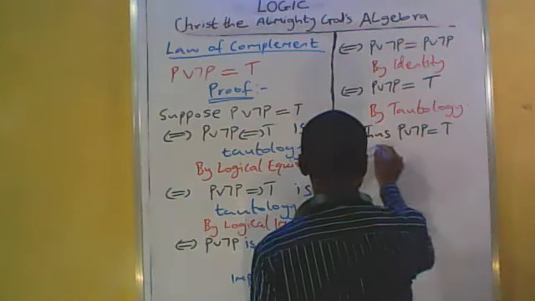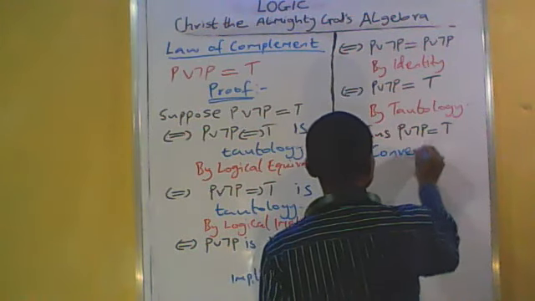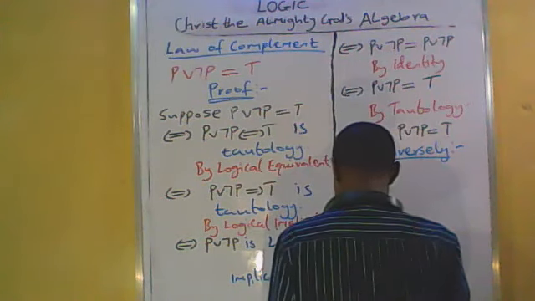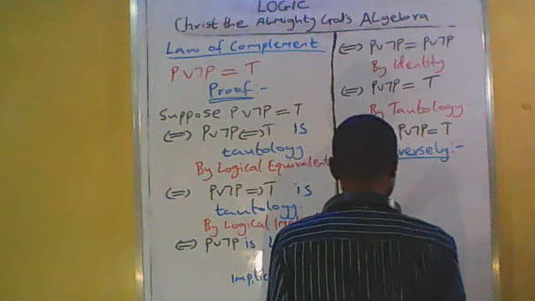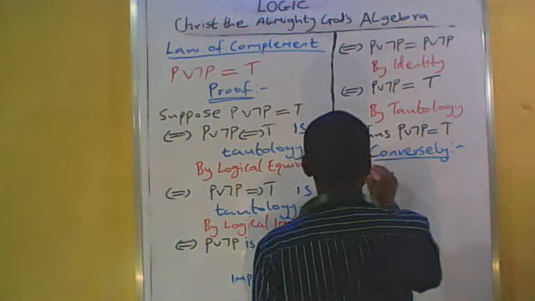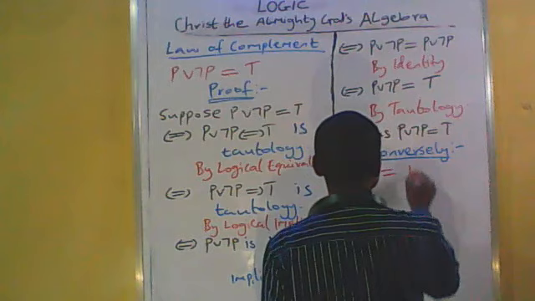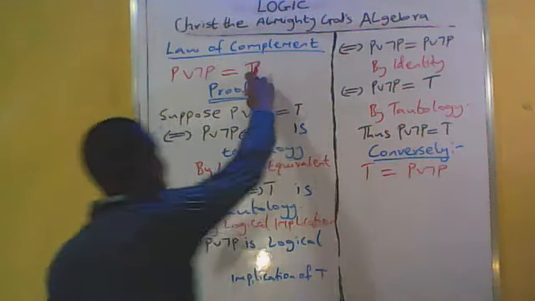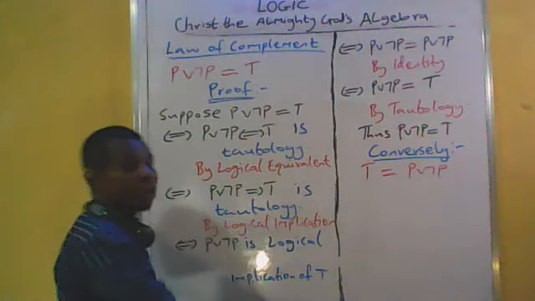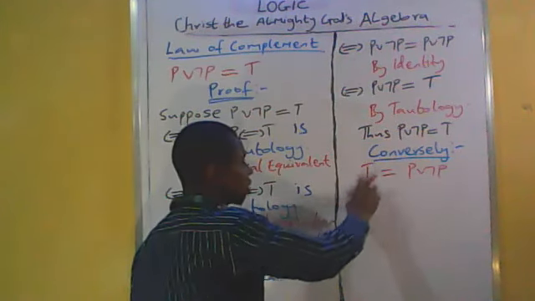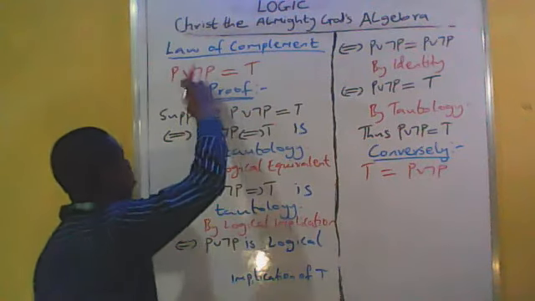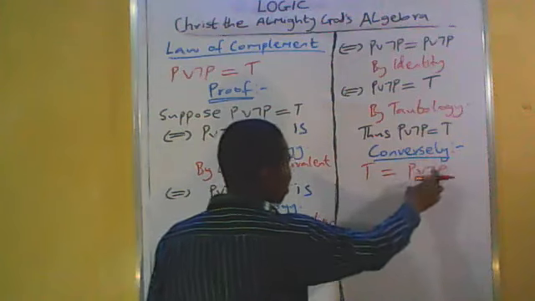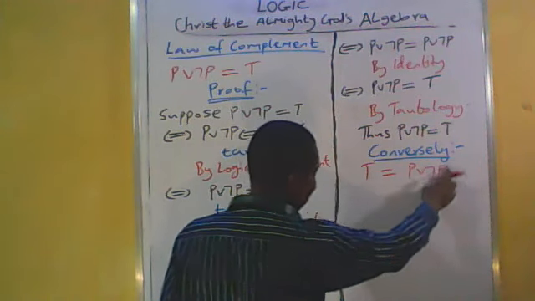So conversely, T is equal to P or not P. We have seen that this T at the right side of the equation here has now become T at the left side of the equation here. P or not P at the left side of the equation here has now become P or not P at the right hand side of the equation here.